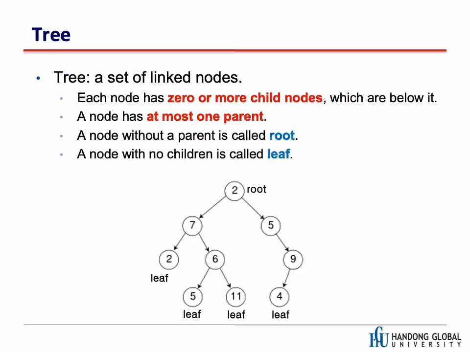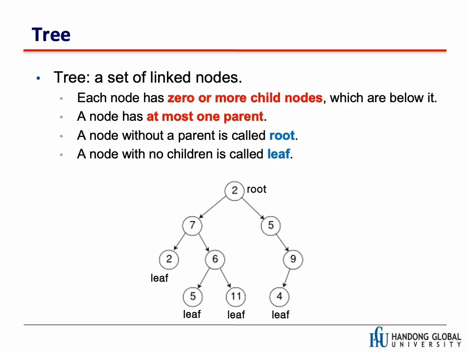As I said in the previous slide, a tree is a kind of graph. When we study graphs or graph theory, one tip is that we have to stick to the definition of the terminologies. So let's take a look at some terminologies of a tree.